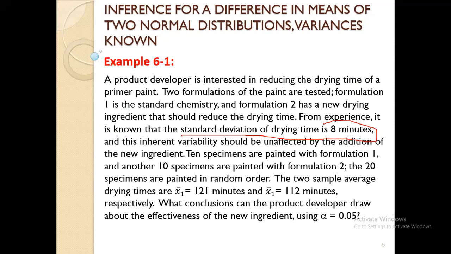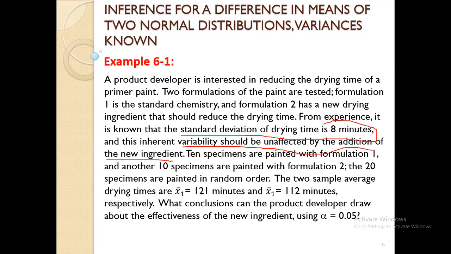You use the Z distribution. And also the variability should be unaffected by the addition of a new ingredient. What does it mean? For this case, we conclude that the standard deviation is not affected by adding some chemical. That means the same standard deviation for the old one and the new one.